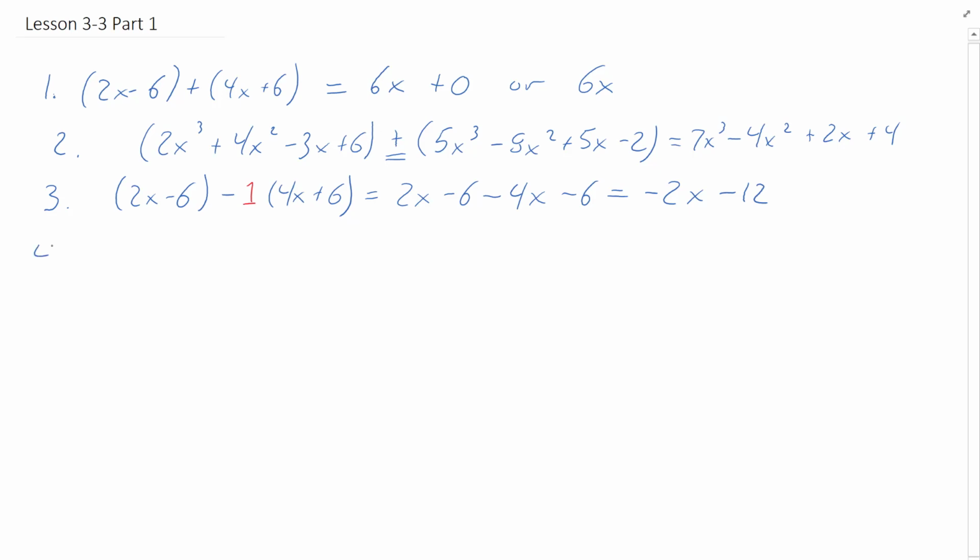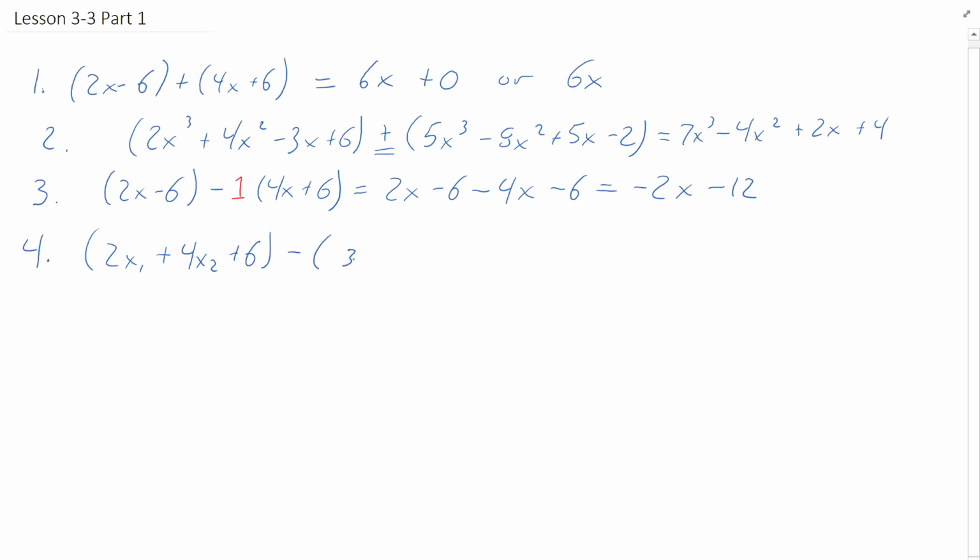For number 4, I'm going to do it as if it was a subtraction problem instead of the addition that they show. I don't think there's quite enough subtraction problems in this set, so I'm going to make one here and get this written down.